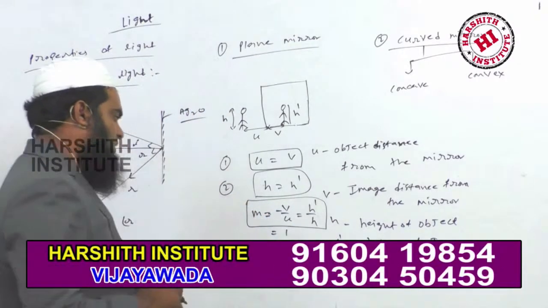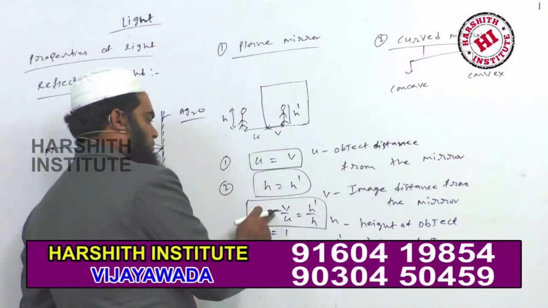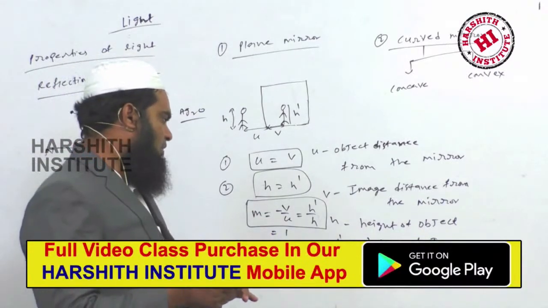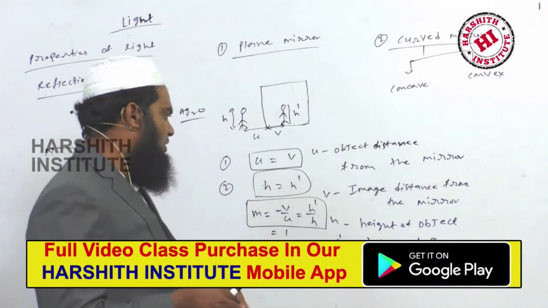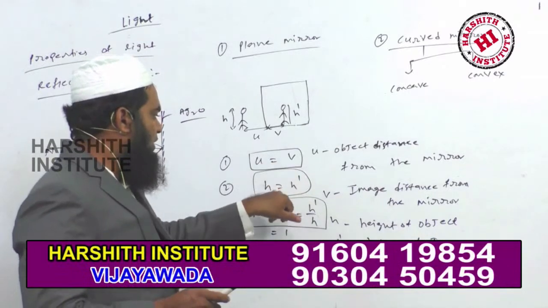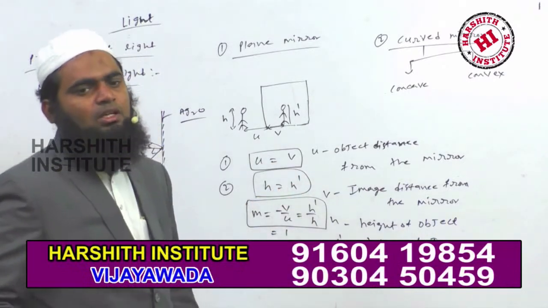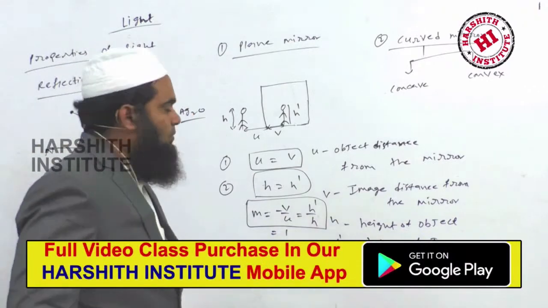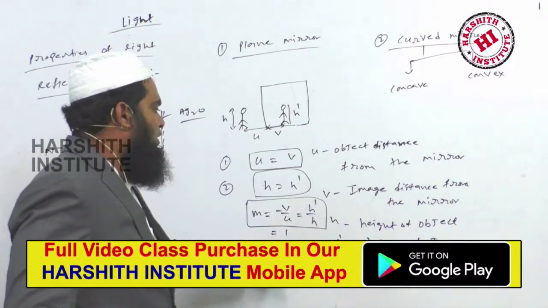The magnification of a plane mirror is always equal to 1. This means the height of the image and object are the same, and the distances of image and object are also equal: U equal to V, H equal to H dash. Magnification is always 1 in a plane mirror.